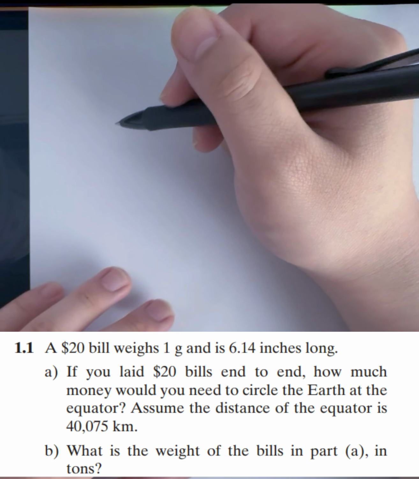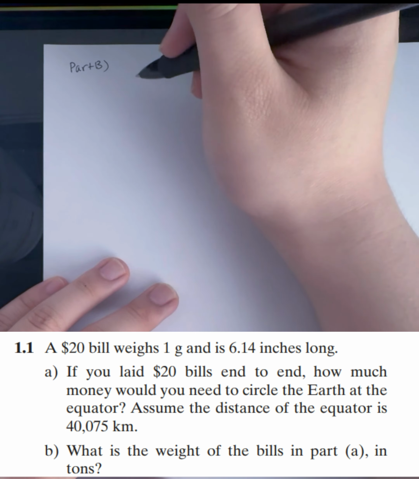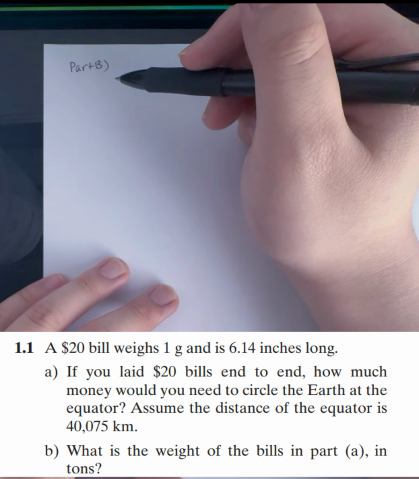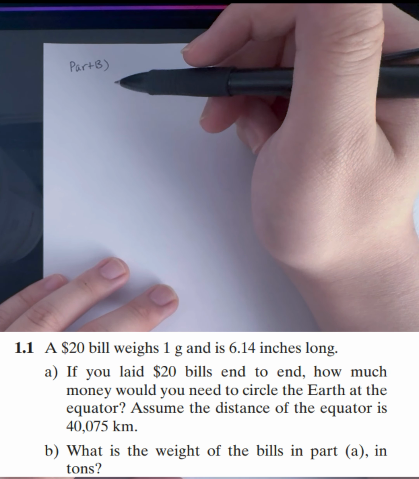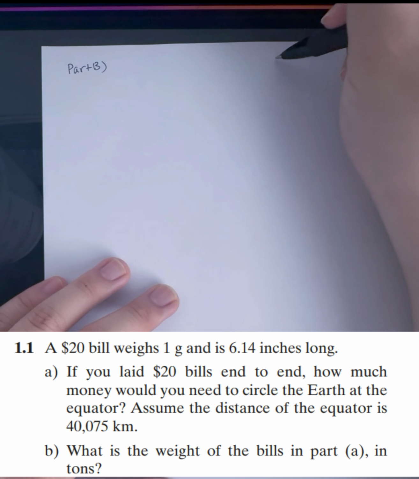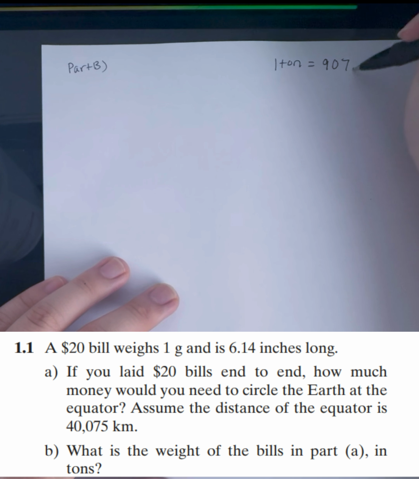Okay, so let's continue to part B. In part B, we're asked to find the weight of the dollar bills in tons. Since we're using a new page, I'm going to write down the unit conversion for ton one more time. 1 ton is equal to 907,185 grams.